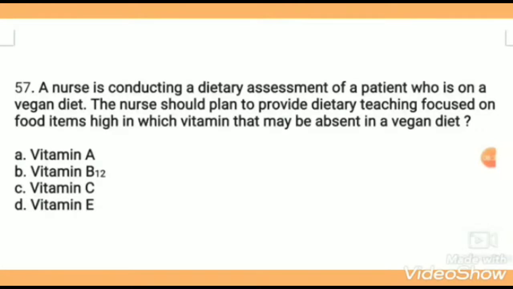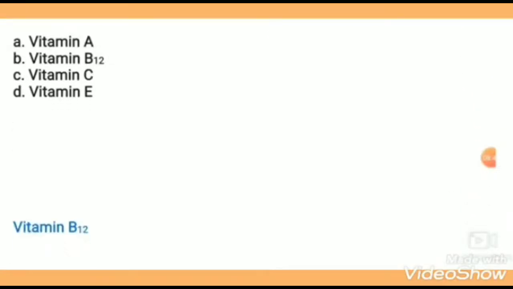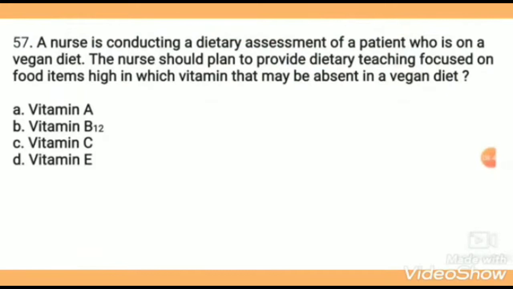So, correct answer, food items high in which vitamin, which may be absent in a vegan diet, is vitamin B12. Vitamin B12 is naturally found in animal products, including fish, meat, poultry, eggs, milk, and milk products.